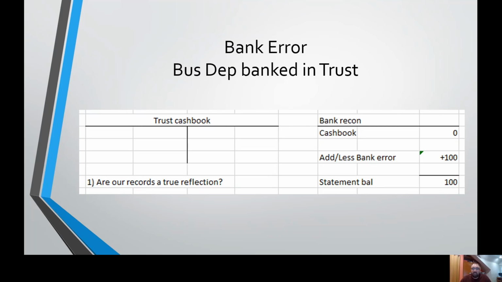If you're a bit panicked at this stage, I want to put your heart at ease and say that, if I recall correctly, the actual bank reconciliation in the assignment only amounts to about 5 points. The bulk of the bank reconciliation question is just cash book transactions that you have to enter, normal transactions. If it's receipts, you enter them on the debit side. If it's payments, you enter them on the credit side.